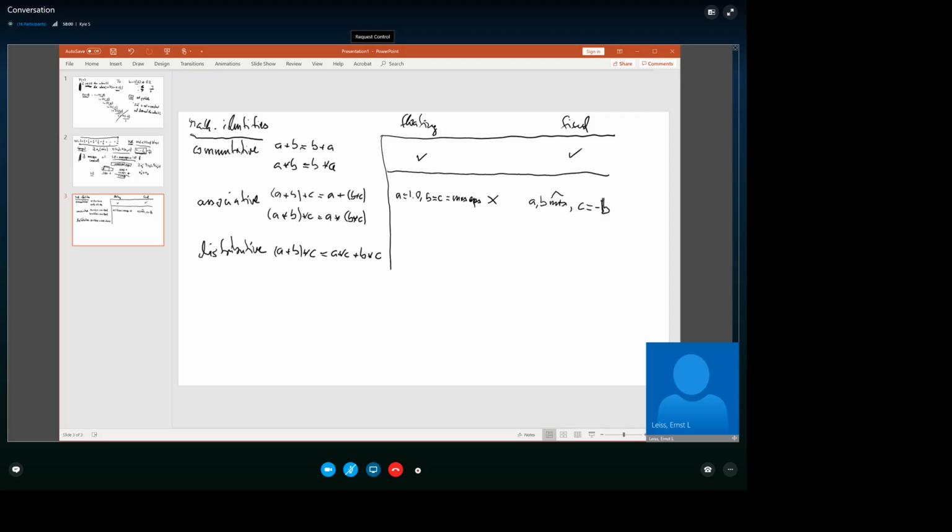Now let's look at the right-hand side. We first have to do B plus C. Well, if B is equal to minus C, or C is minus B, then B plus C is 0. And so on the right-hand side of this supposed identity, we have A plus 0, which is A. So on the left-hand side, there's an exception.